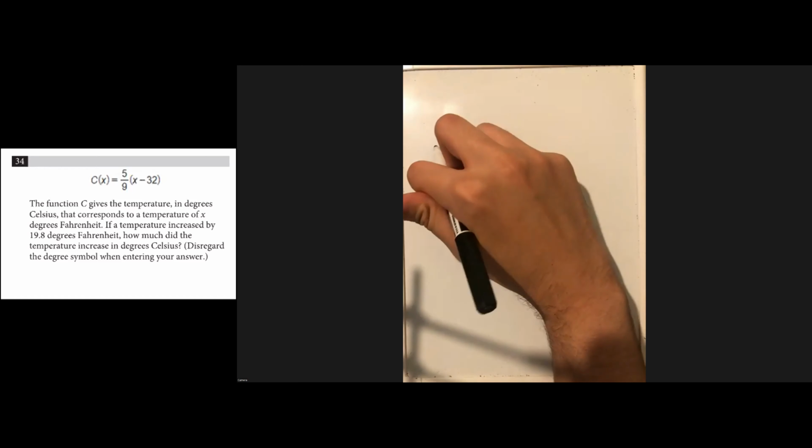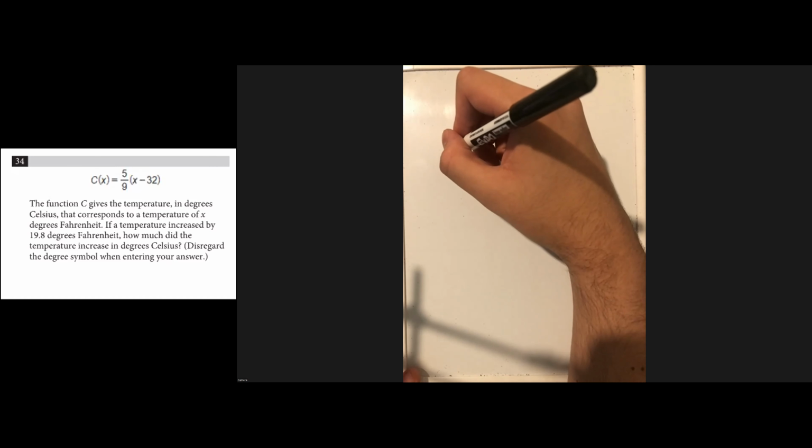Okay, so for this one, one of the things you have to do is start with some sort of degrees Fahrenheit. Otherwise, you'll get a negative degrees Celsius. So you can choose any value for X right now. It doesn't really matter.